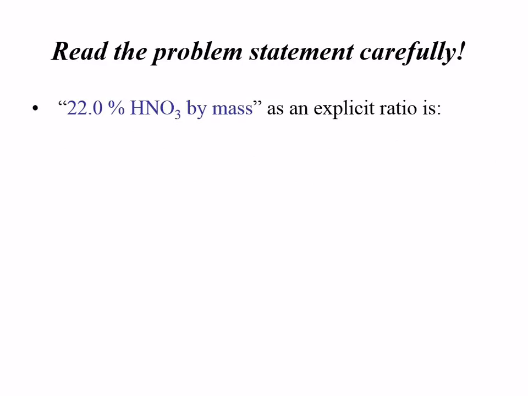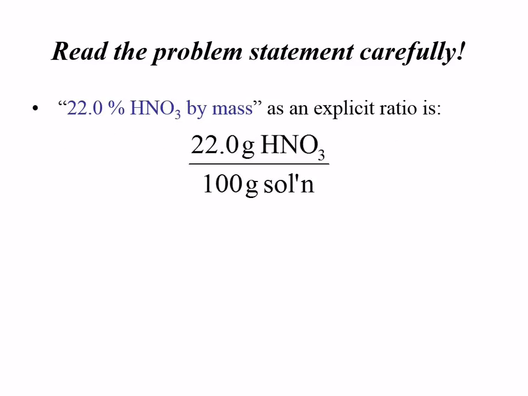So here's unpacking the weight percent. 22.0% HNO3 means that I have 22.0 grams of pure HNO3 in 100, no uncertainty, grams of solution.